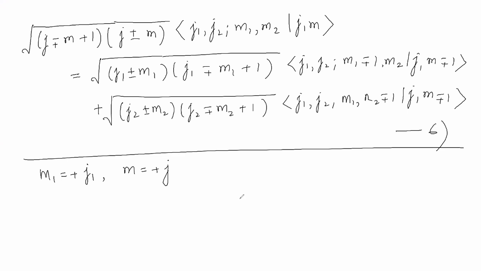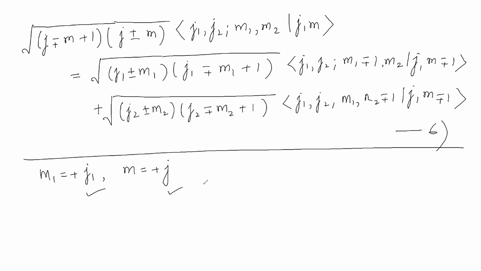Now see, equation number 5 has a ket Jm plus minus 1. Therefore, you have M1, you have M2 and M plus minus 1. Therefore, you have decided your M, you have decided your M1.